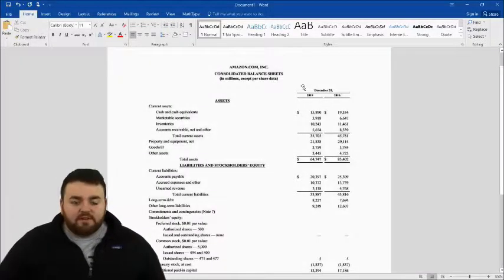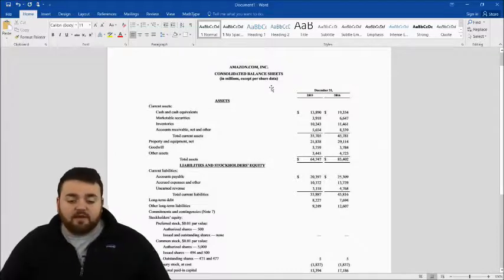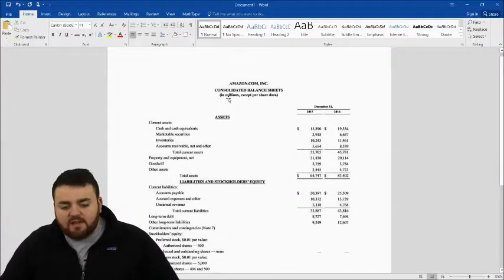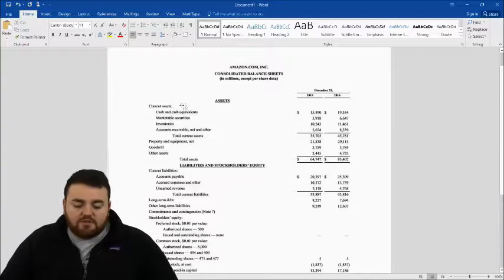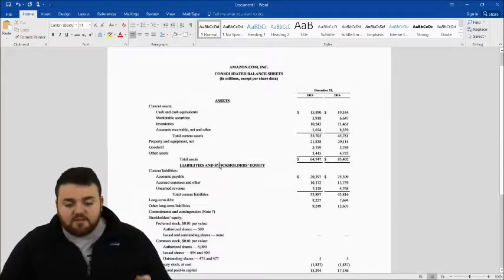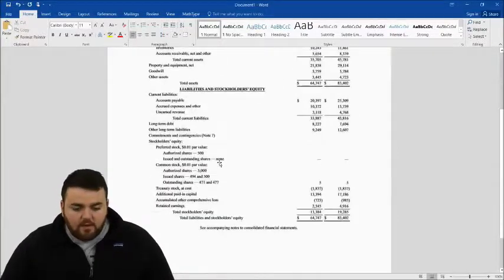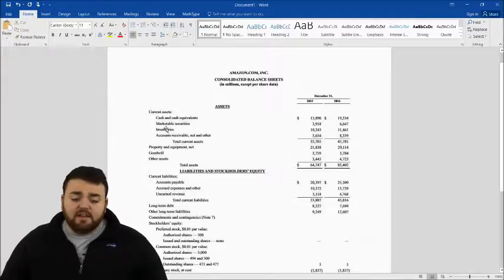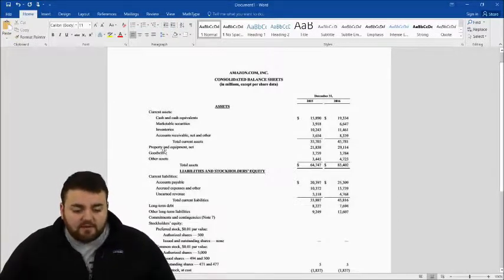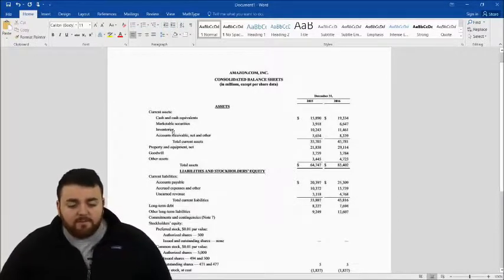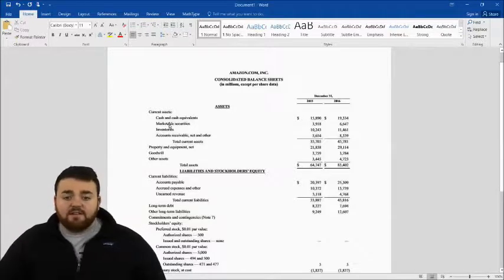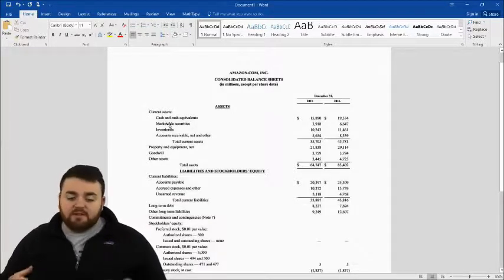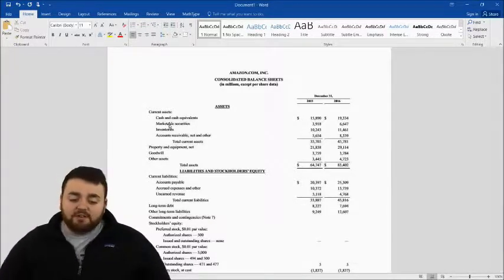Now we're actually going to be looking at what a balance sheet looks like and what is all covered in a balance sheet. As you see here, in a balance sheet, there's assets, liabilities, and equity, or liabilities and stockholders' equity. Breaking down the assets, assets are divided into either current or fixed assets. There are current assets up here, and all the fixed assets are down here. What deems a current asset is if it's easy to be transformed into cash.